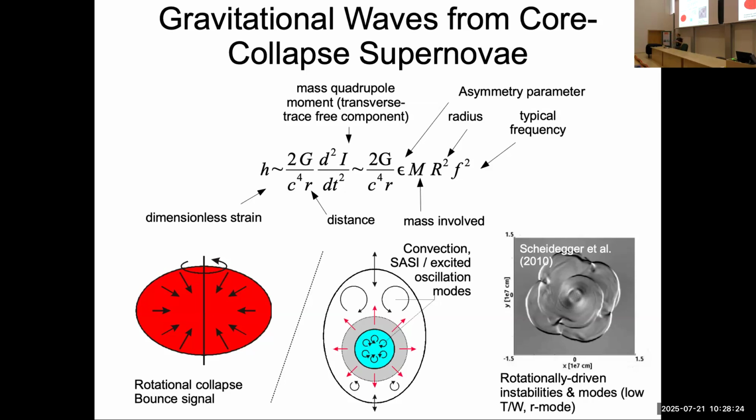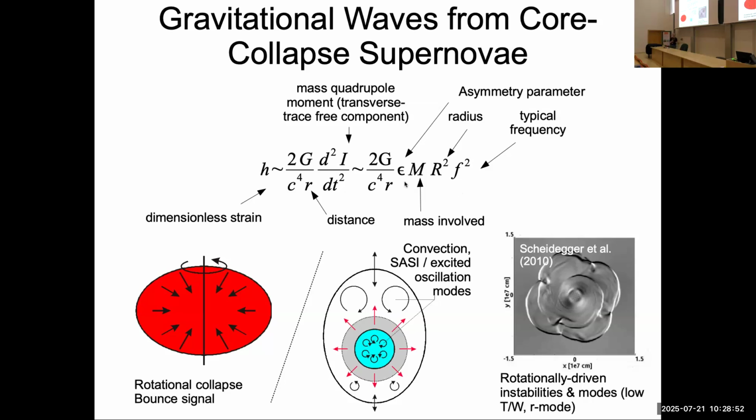What does that probe physically? Well, by simple dimensional analysis, the gravitational wave strain is going to be tied to how much mass is involved in those aspherical motions, where it's sitting, at what frequency it's moving, and the overall degree of asymmetry.